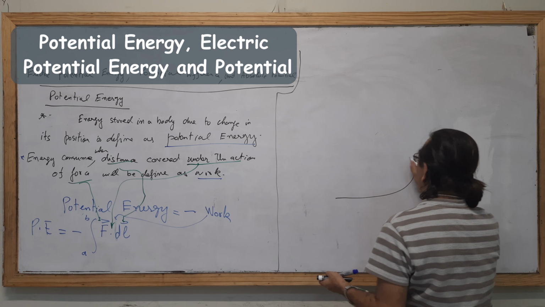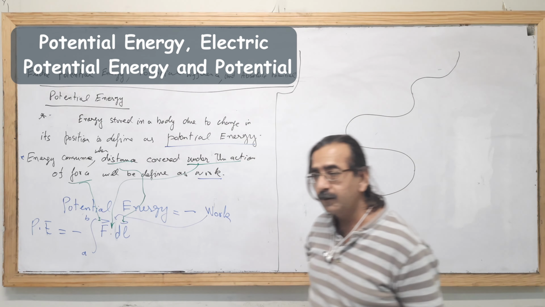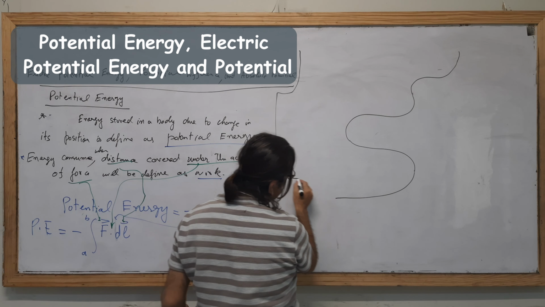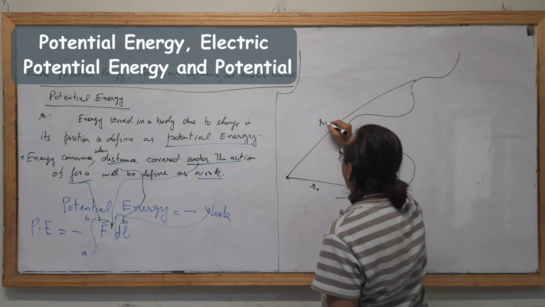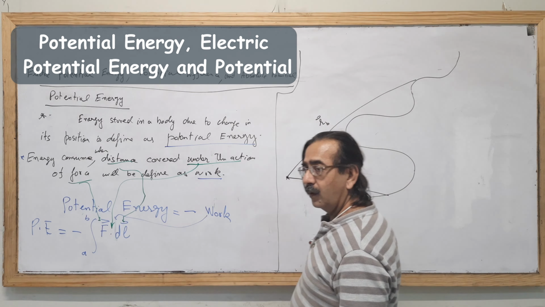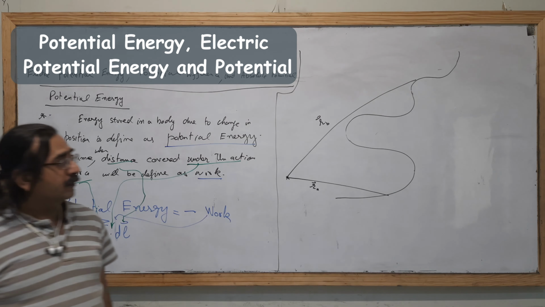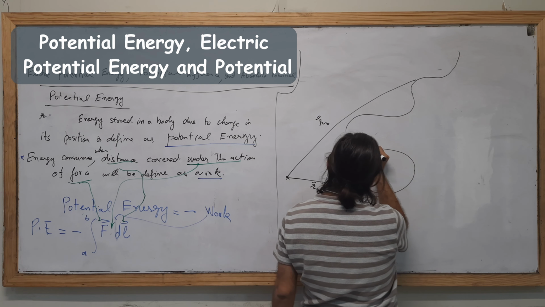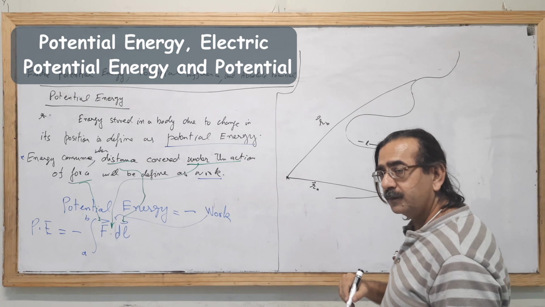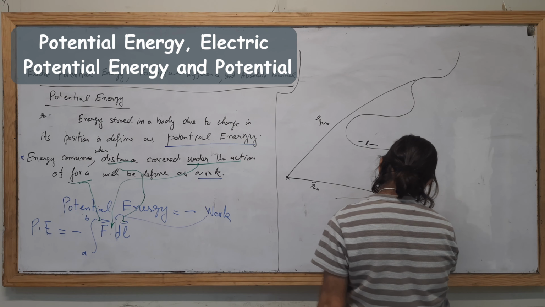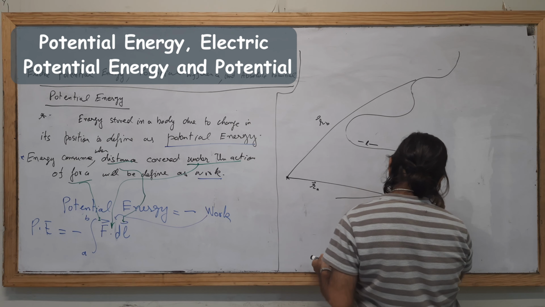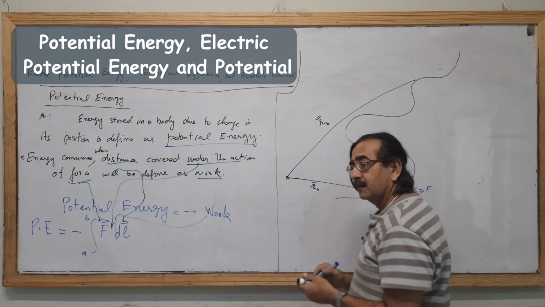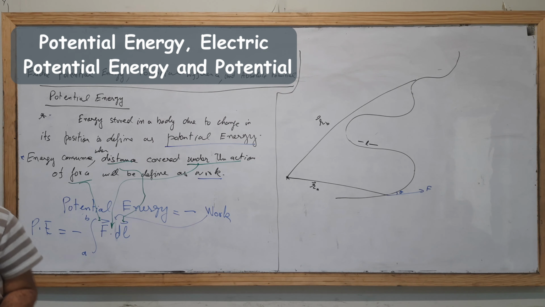For example, if a mass is moving along this path, and this is position A and this is position B, and this path is L, and F is making an angle theta along this path.